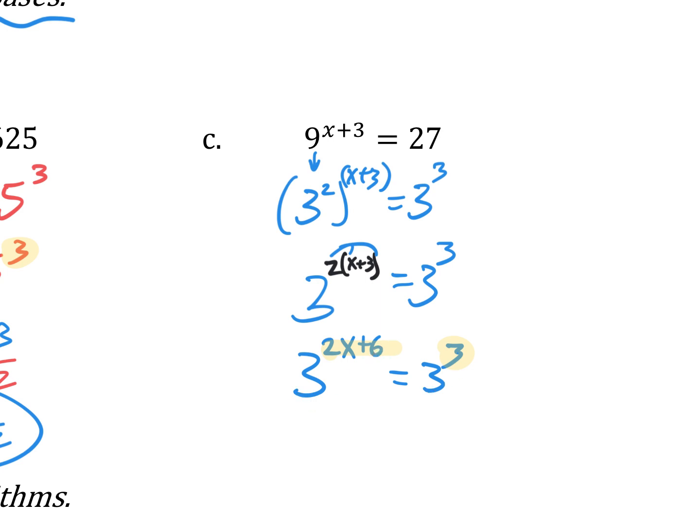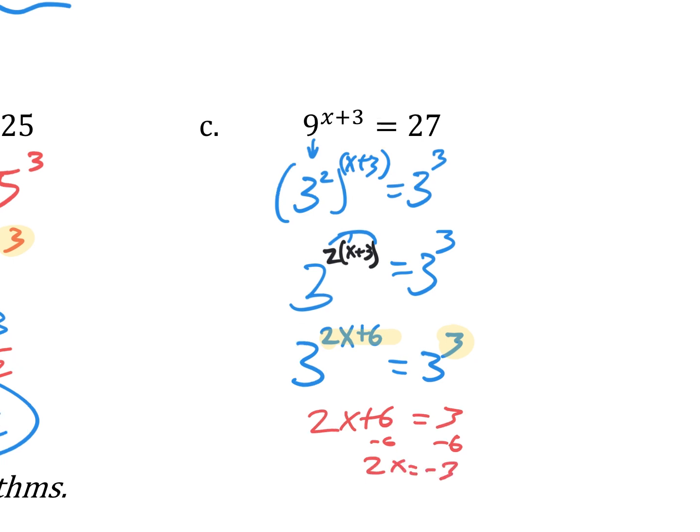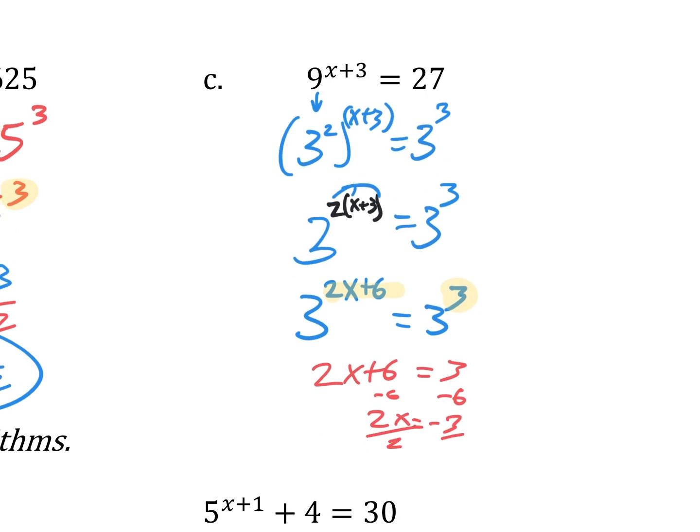So now we can just rewrite that as 2x plus 6 equals 3. And it's all downhill from there, right? 2x equals negative 3. Divide by 2. And x is negative 3/2. That's how we do it.